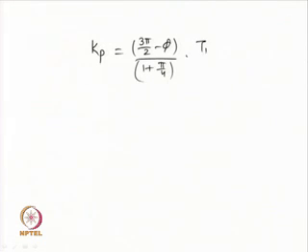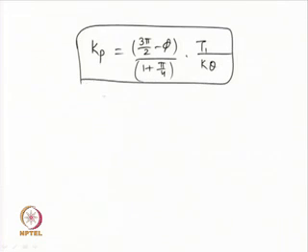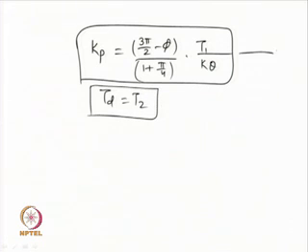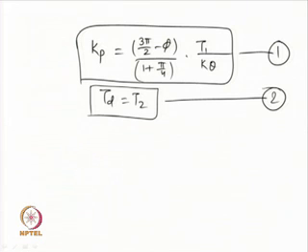Kp is found to be 3 pi by 2 minus phi m by 1 plus pi by 4 times T1 by k theta, and Td is equal to T2, one parameter of the transfer function model. So, we have already found explicit expressions for two parameters of the PID controller.